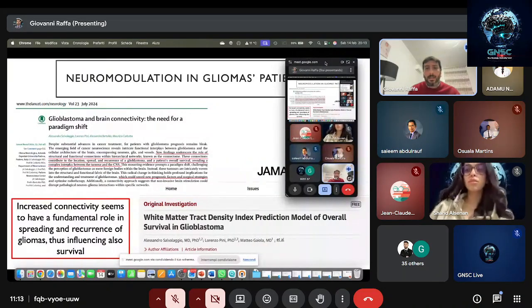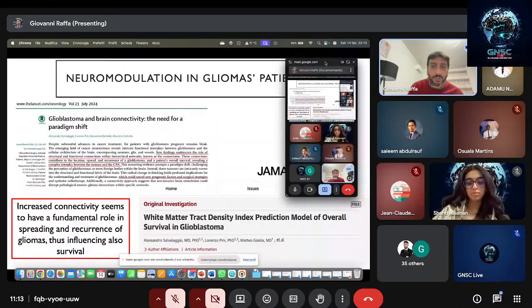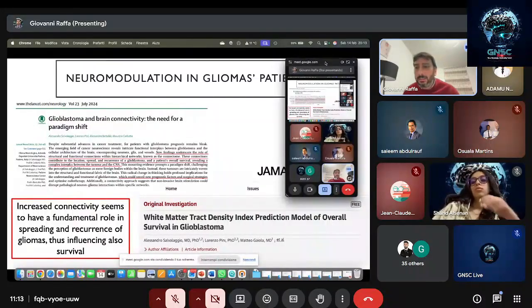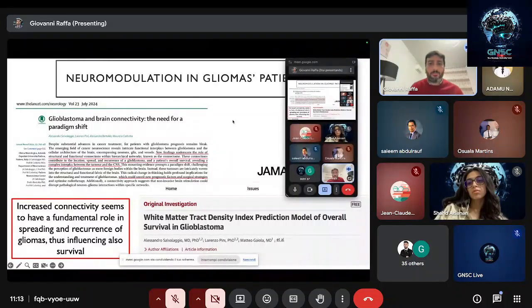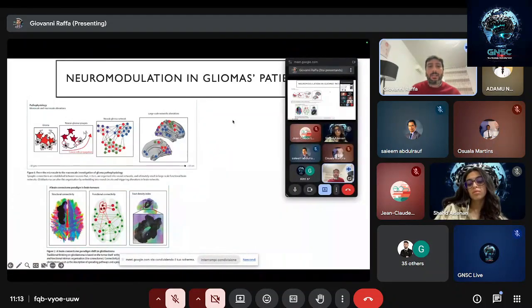There is this paper published in JAMA, in which it is demonstrated that the higher the connectivity in the peritumoral area surrounding the glioma, the lower the survival of patients. So high connectivity seems to have a role in the spreading of glioma, because there is what they call a neuroglioma network that can influence the spreading of the glioma.